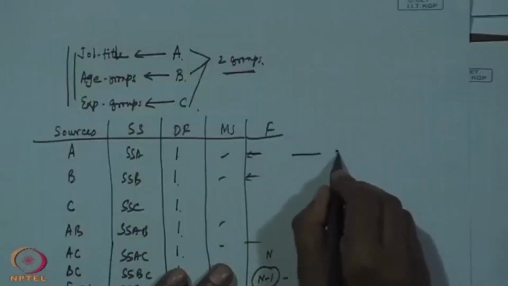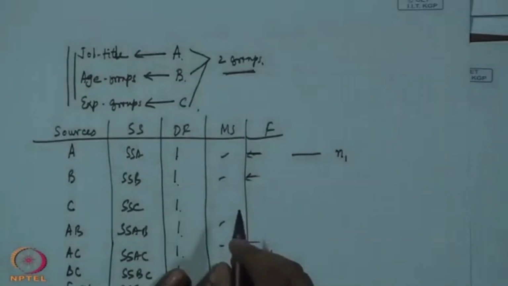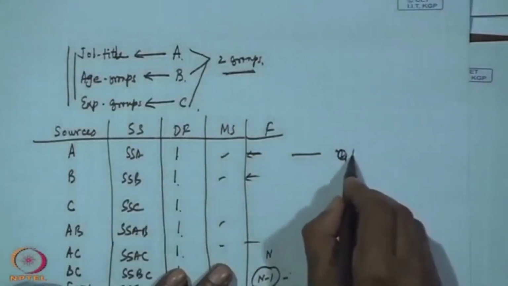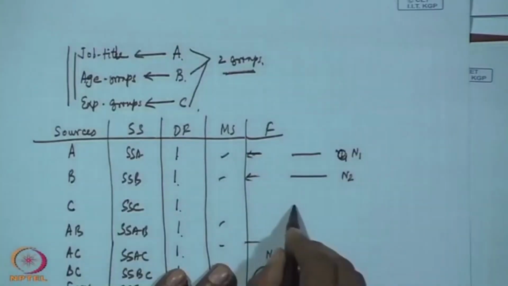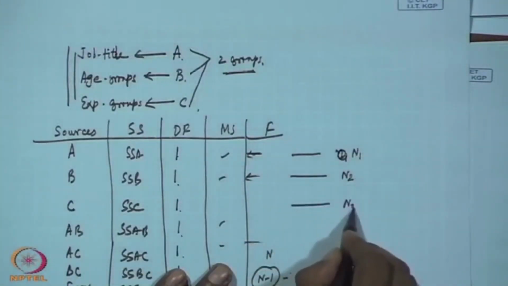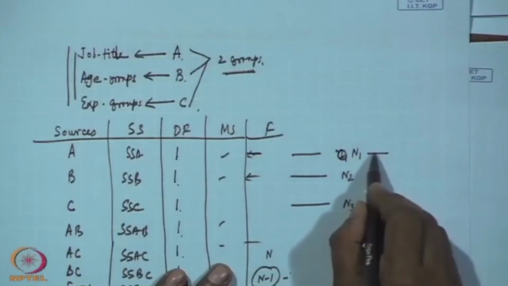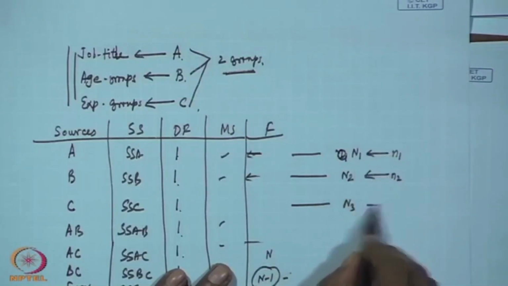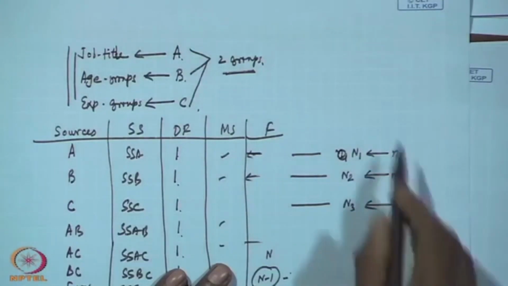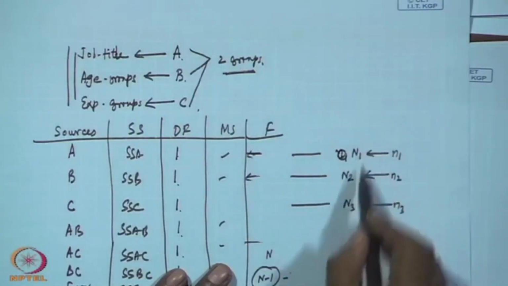Then you randomize based on this. Suppose in my first combination there are capital N1 people working, in the second condition N2 working, in the third condition N3 working. Then you will sample n1 from the first, n2 from the second, n3 from the third in such a manner that there will be frequency matching.